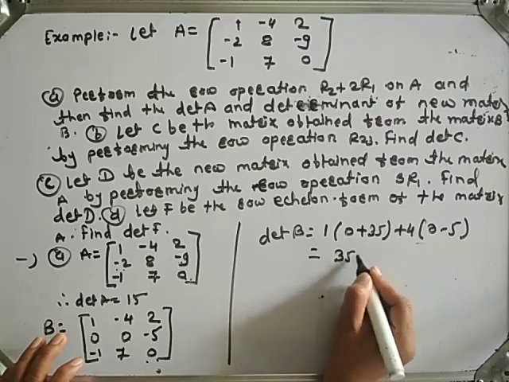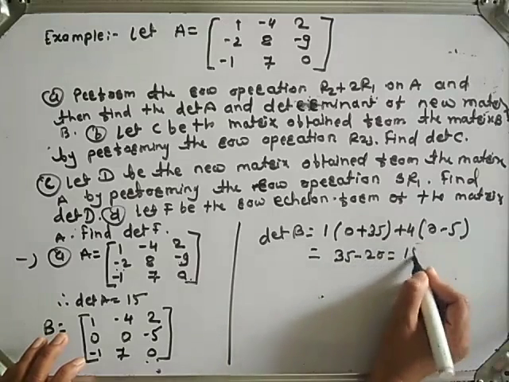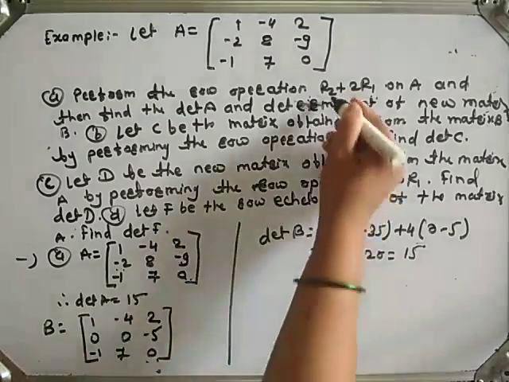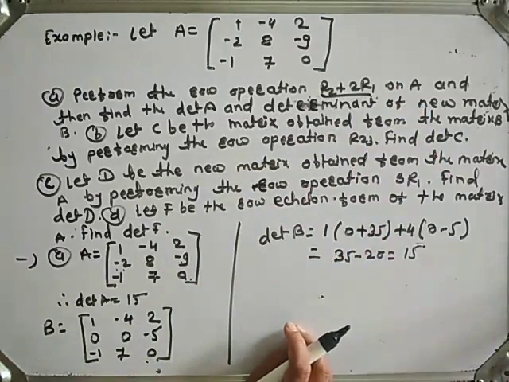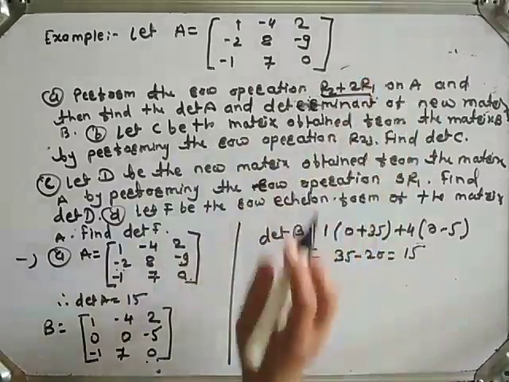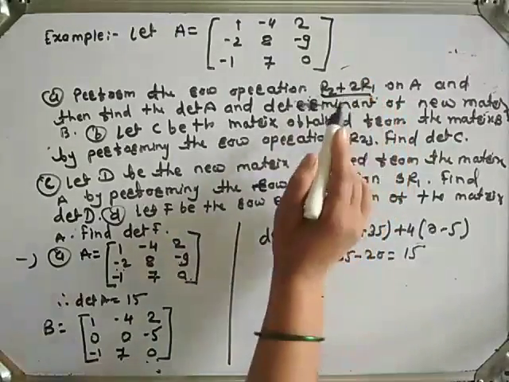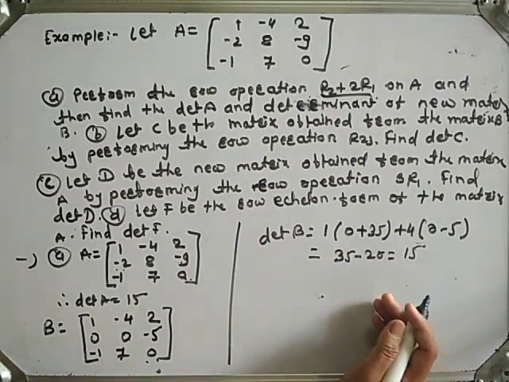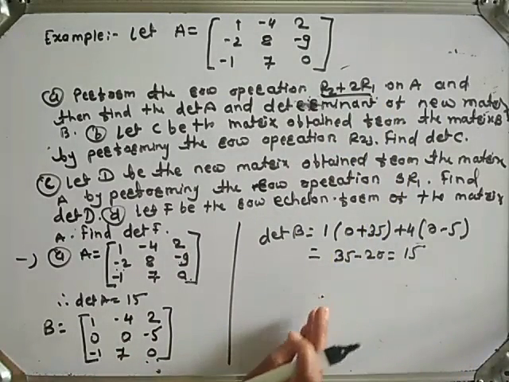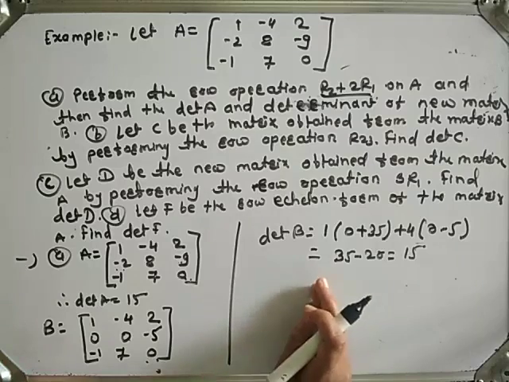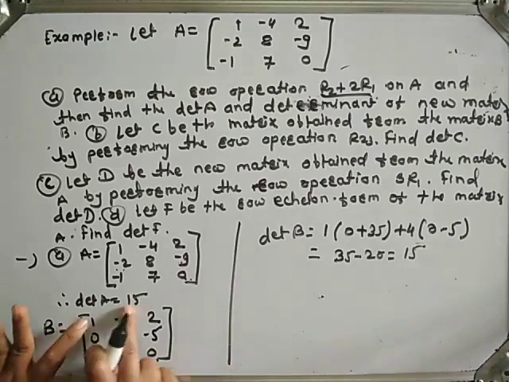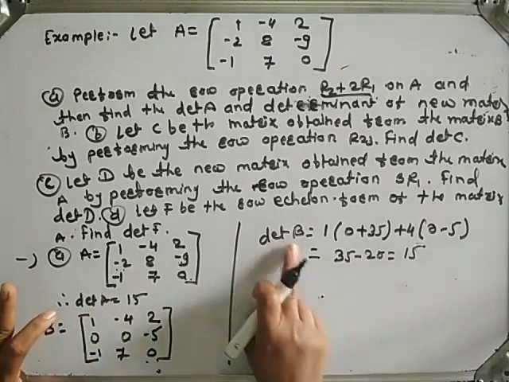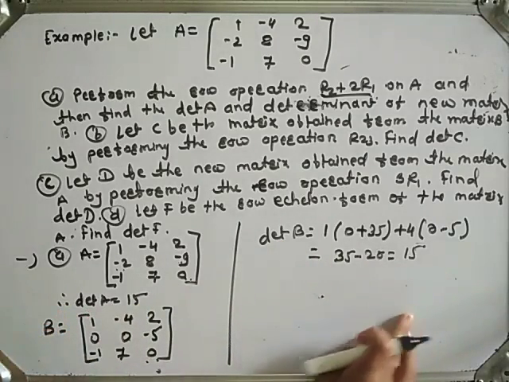This is 35 minus 20, which is equals to 50. So we get, when we perform a row operation, R2 plus 2R1. This row operation means multiple of one row is added to another row to produce a new matrix B. In that case, we get determinant of A is equals to determinant of B. See here, determinant of A is 50 and determinant of B is also 50.